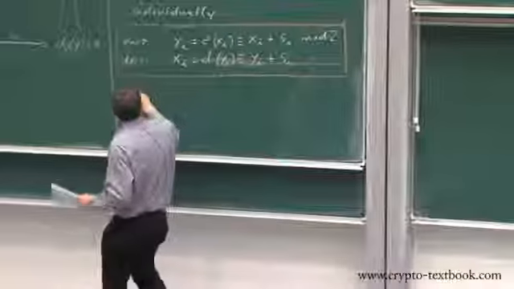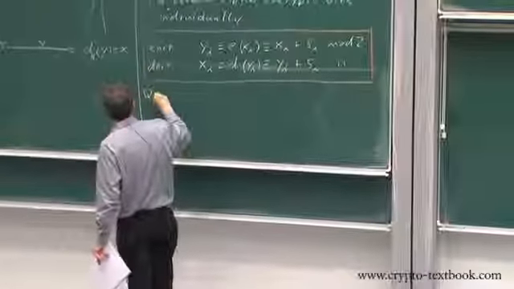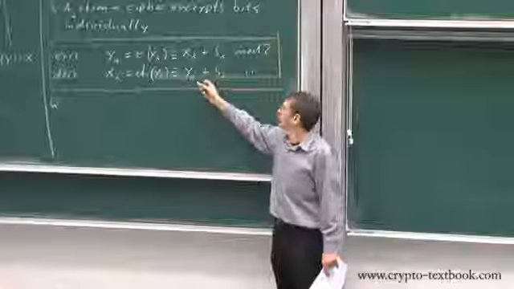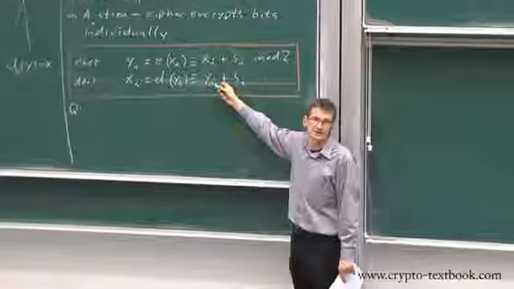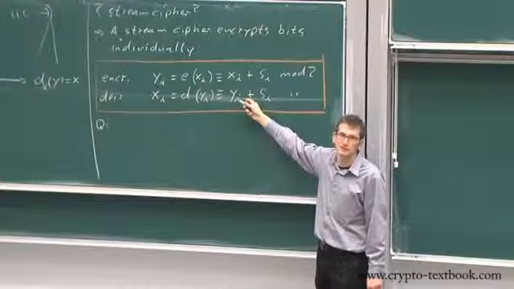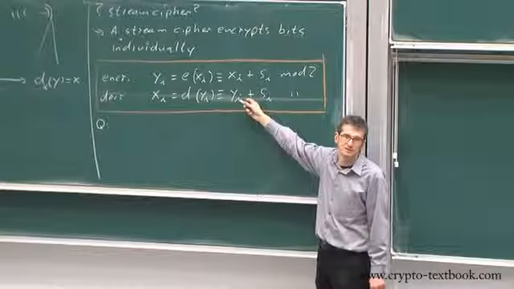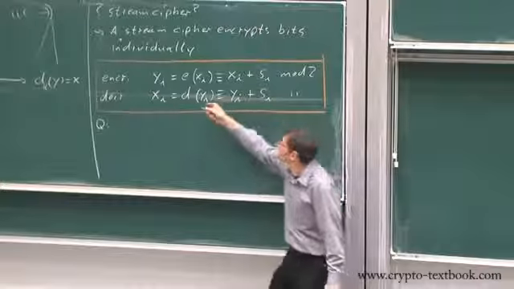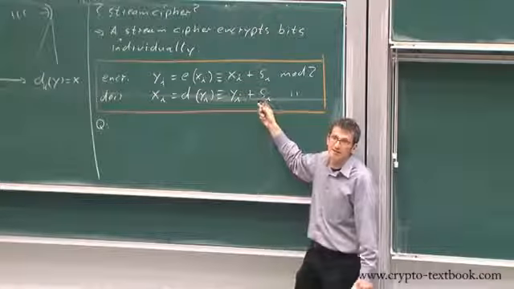So the first question that we have, what would we expect at this point here, instead of a plus sign, instead of the addition sign? What should that be? A minus, right? Isn't it? I mean, here we add the key bit to xi, so we would expect that we subtract the key bit.